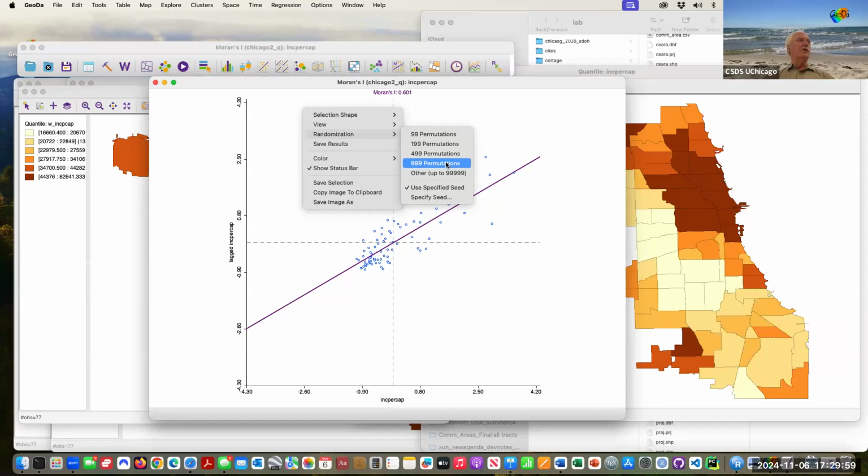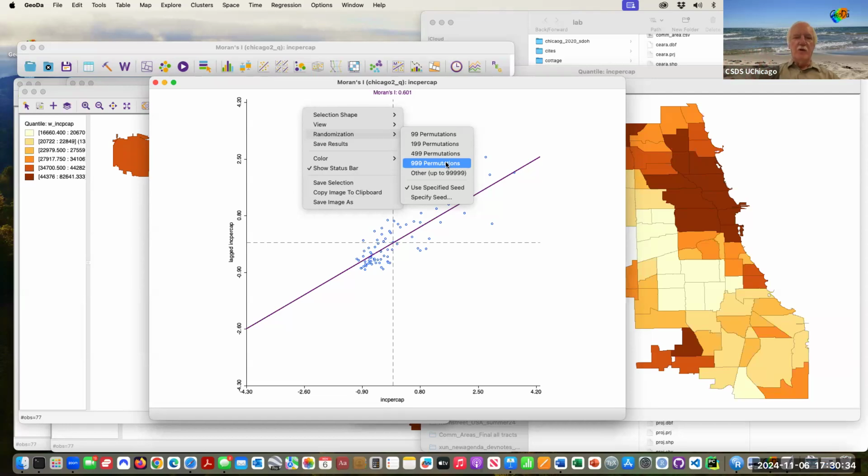Then for each of these shuffled maps, you can think of them as maps, it computes the spatially lagged variable, the average of the neighbors on the map, and computes Moran's I. It does this 999 times and compares it to the one that we just computed. That makes it a nice round number of 1,000. Of these 1,000 cases, how many are more extreme than the Moran's I that we observe?